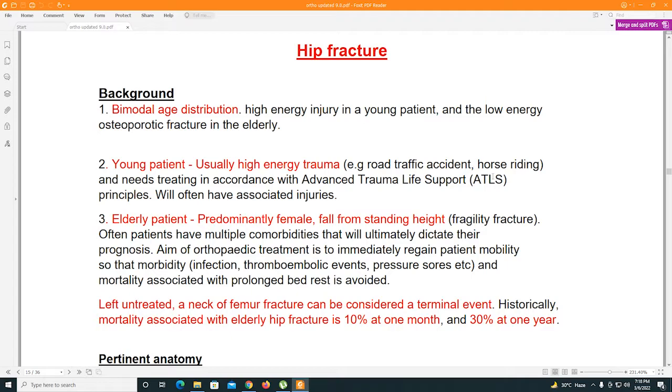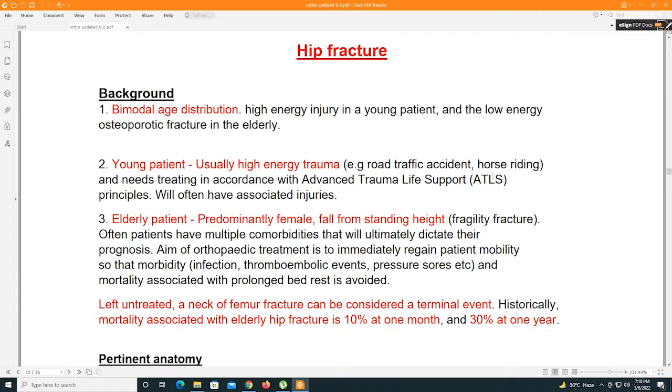This is one of the most important topics of orthopedics in MRCS Part A, and it seems that everywhere one or two questions come on this topic. The type of questions are usually a scenario in which a 60 to 70 year old female or male has some kind of accident and has pain in the thigh or hip joint.